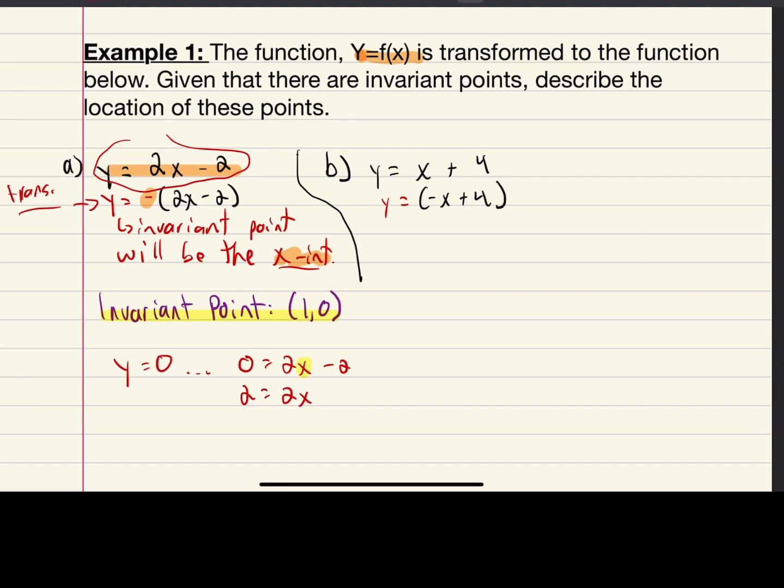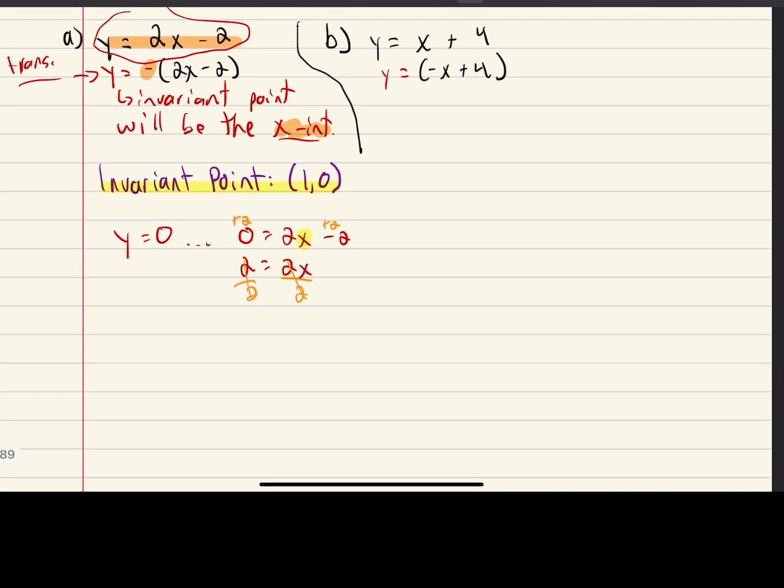We would do this by adding 2 to both sides. And then furthermore, isolating for x, we have 2 divided by 2. And just like we proved graphically, our x value of the invariant point is 1. And that would be where the y is 0. So we have an invariant point at 1 and 0. And so this was done algebraically as well.